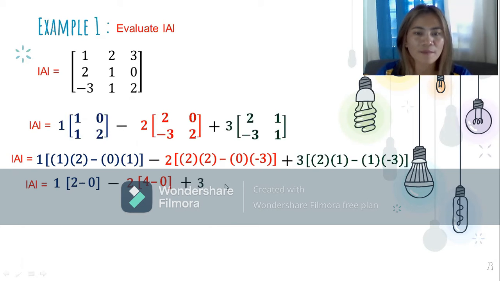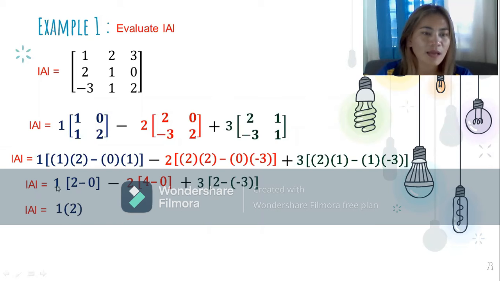Plus 3 times the difference of 2 times 1, that is 2, minus 1 times negative 3, negative 3. So 1 times 2 minus 0 is 2, minus 2 times 4 minus 0 is 4, plus 3 times 5, that is 2 minus negative 3, which is 5.